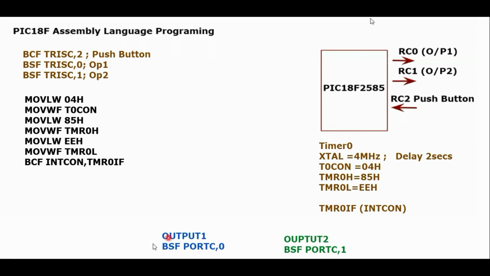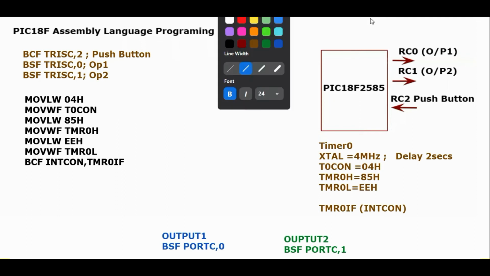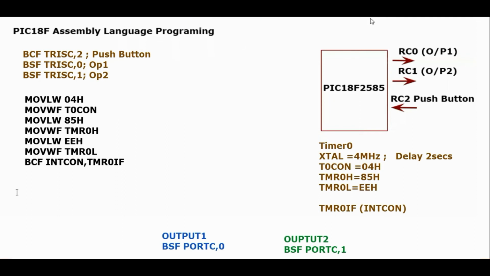But before we go to these two outputs, we need to make the decision. That decision will be made based upon the port value, right? Which port? Let me write it down for you. I'm going to check whether this push button is pressed or not. For this purpose, the decision is BTFSS PORTC comma 2.